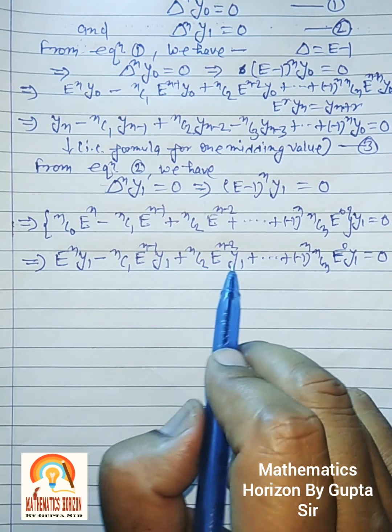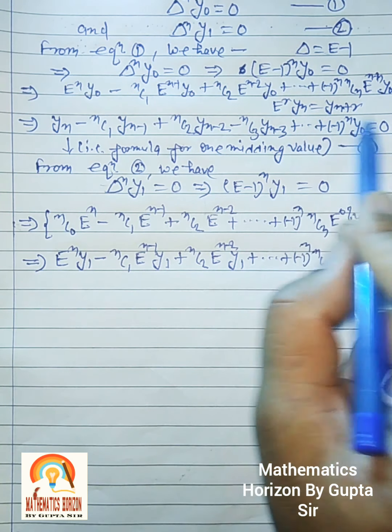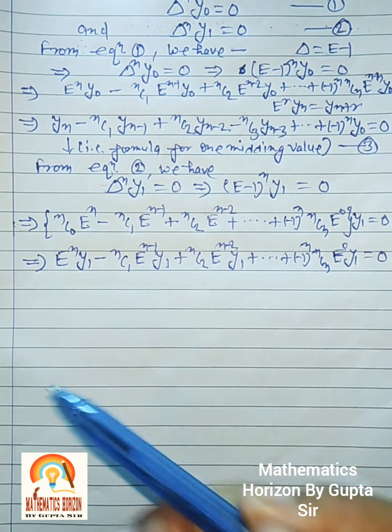Now by applying this shifting property, we know that E^r y_n is equal to y_(n+r).